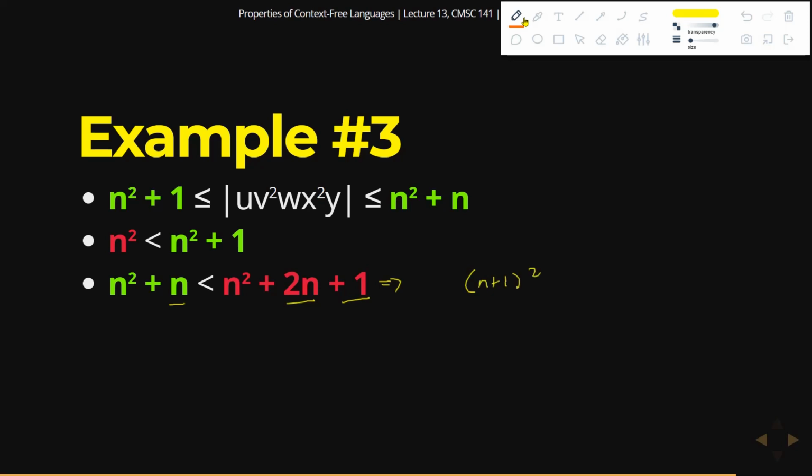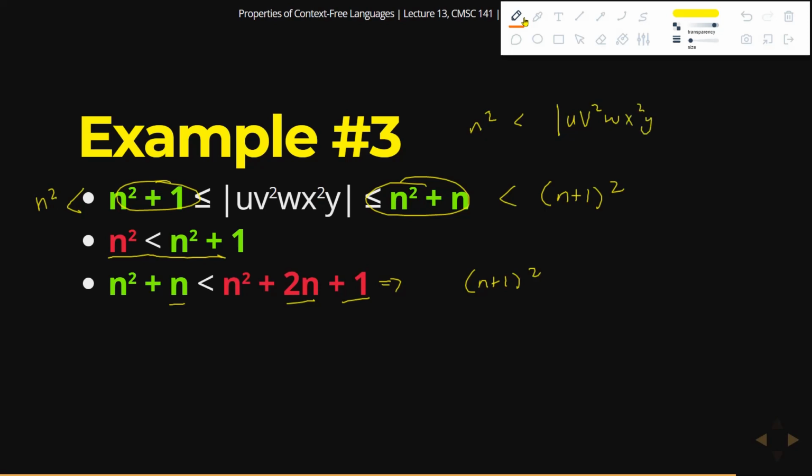So if we chain this together, n squared is less than n squared plus 1, and then n squared plus n is less than n plus 1 quantity squared. So if we remove the middle terms, we could just have n squared is less than the length of uv squared wx squared y, and that is less than n plus 1 squared.